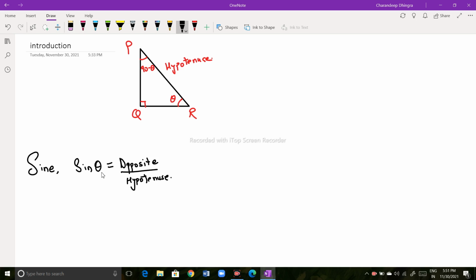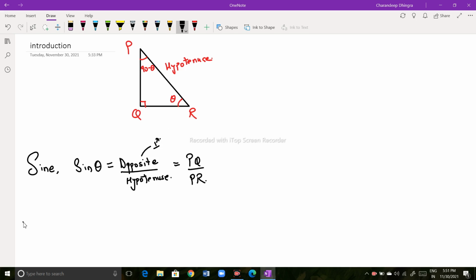So opposite side. So theta, this is theta. The side opposite to theta is PQ, and hypotenuse is PR, right? So in some books, you'll also find instead of opposite, they would write perpendicular, perpendicular upon hypotenuse.